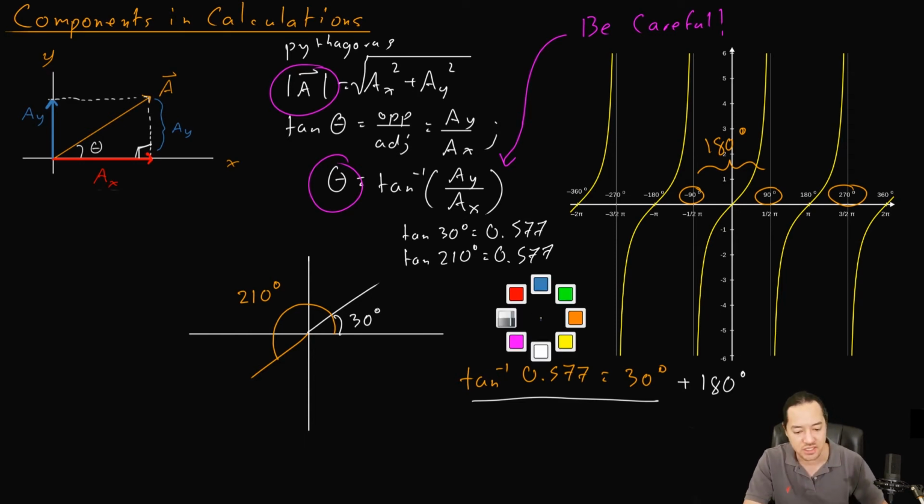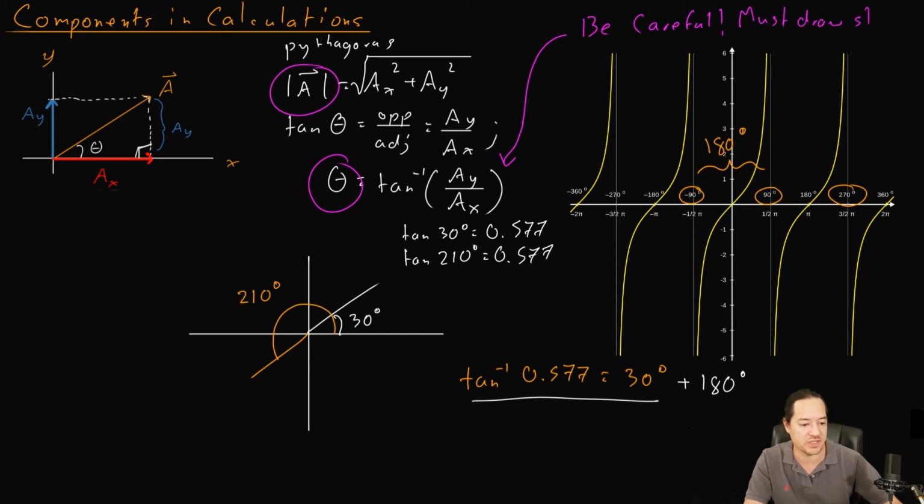So the lesson here is that you must draw a sketch of your component vectors like this to see exactly which quadrant your resultant vector is going to be in when you add them together.